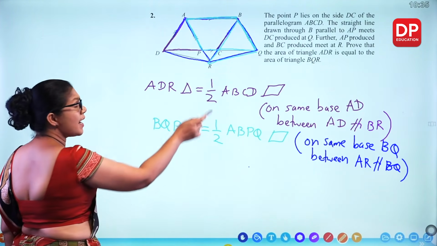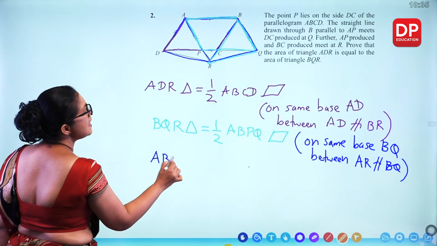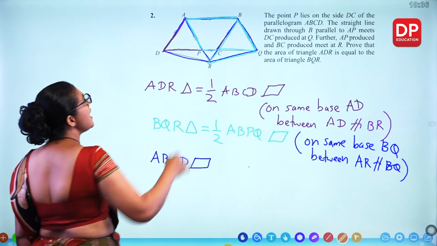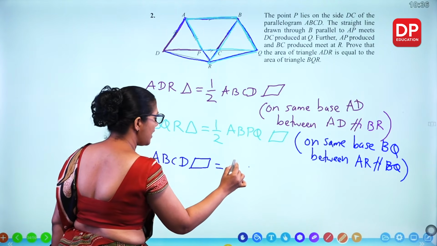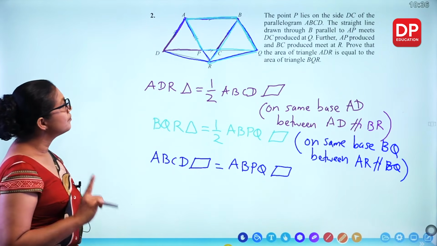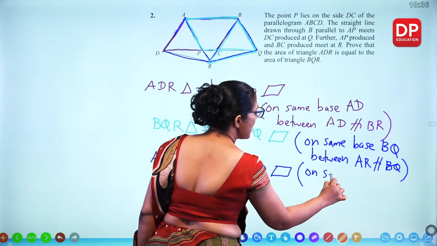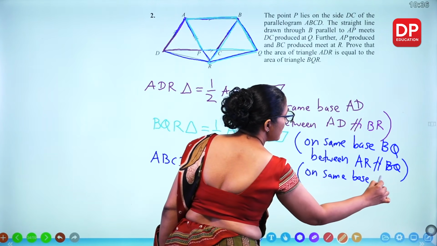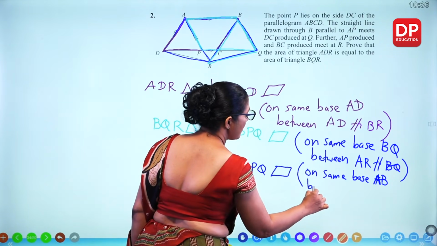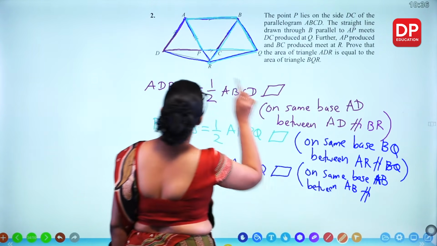Now, what can you say about these two parallelograms? ABCD parallelogram and ABPQ parallelogram, both are equal. What's the reason there? AB is the common base, on same base AB, and in between the parallel lines AB and DQ.